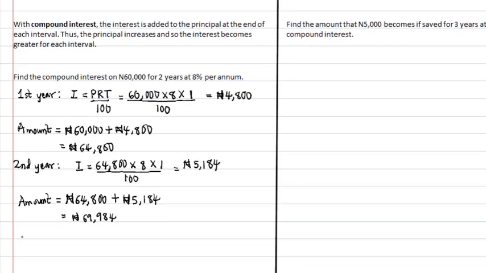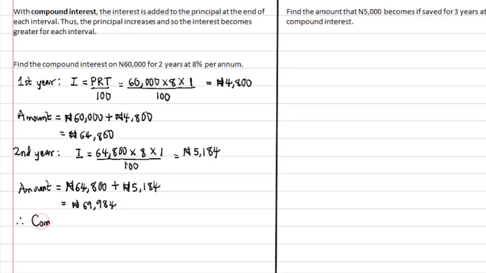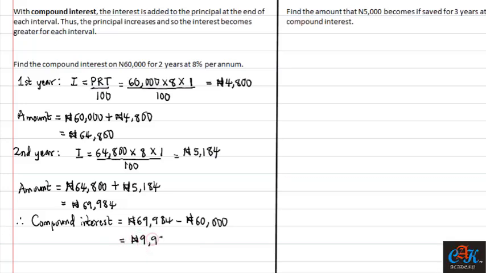Finally, our compound interest will be this amount, 69,984, minus the initial principal, 60,000. We subtract both of them and arrive at 9,984 naira. So this is our compound interest for 2 years.